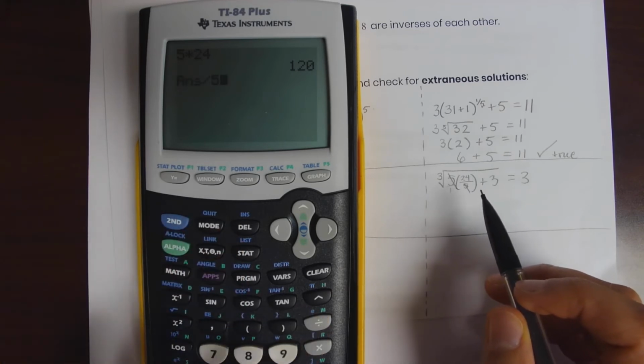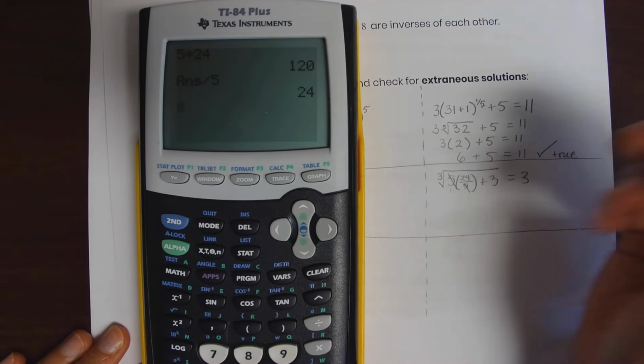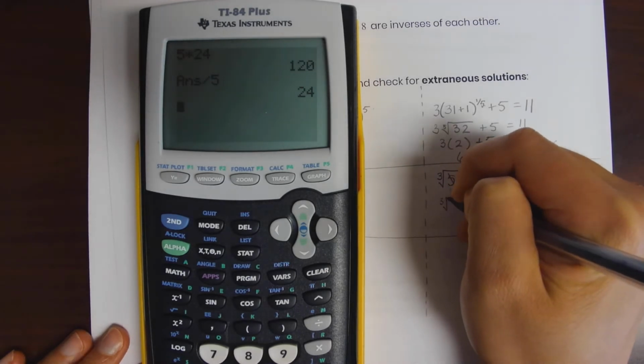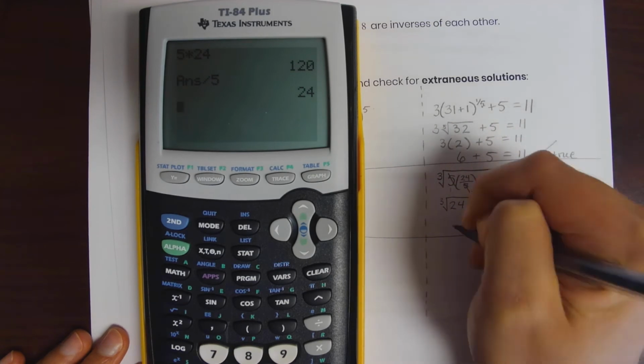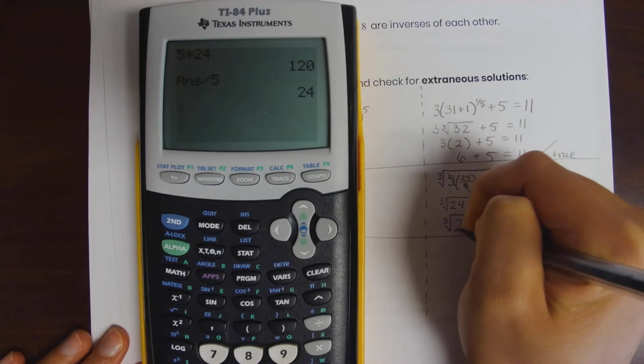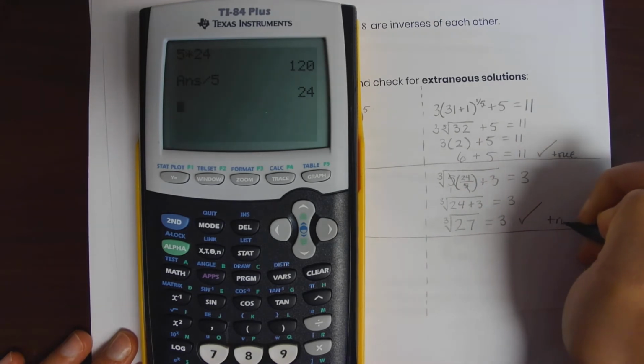So 120 divided by 5 is 24. So that's why these just cancel out. So this will be the 3rd root of 24 plus 3, and the 3rd root of 27 is 3, so it equals 3. That is true. Yes.